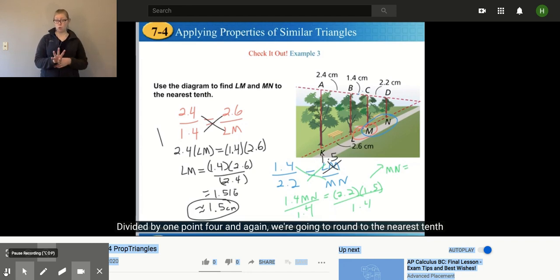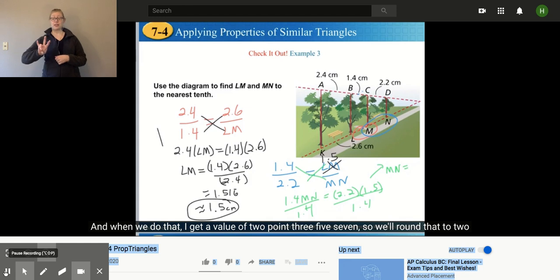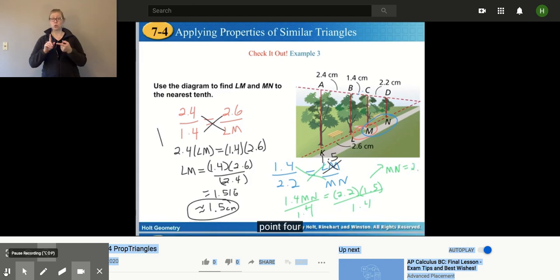And again, we're going to round to the nearest tenth. When we do that, I get a value of 2.357. So we'll round that to 2.4. Let's see if we can write that better.